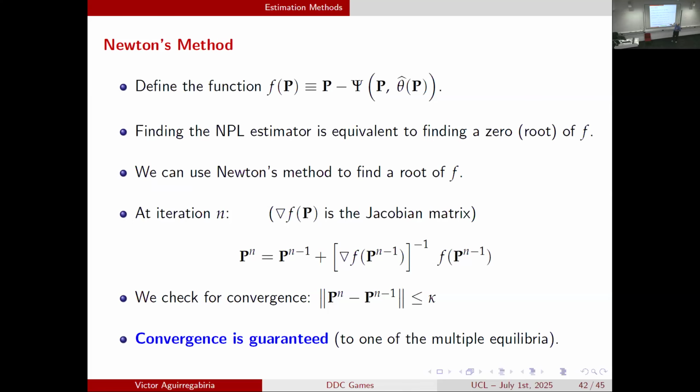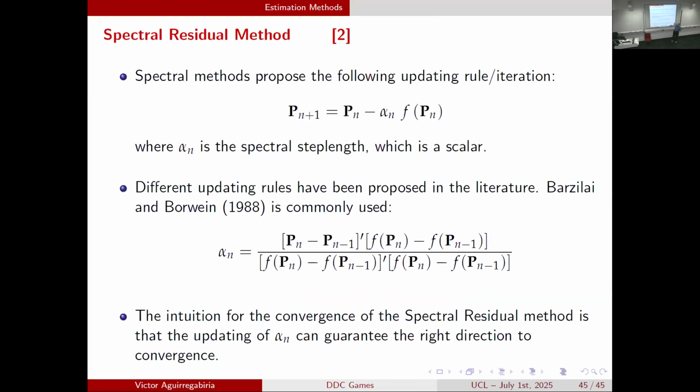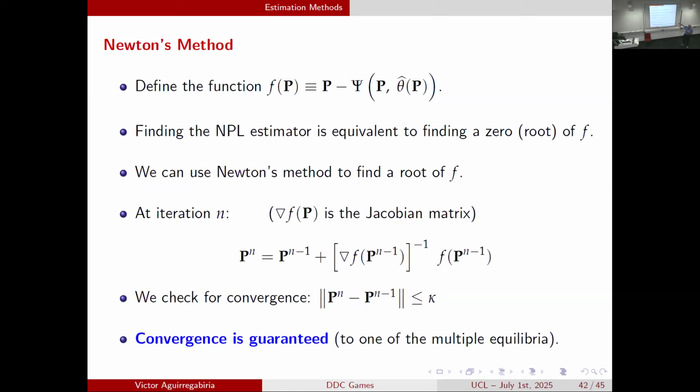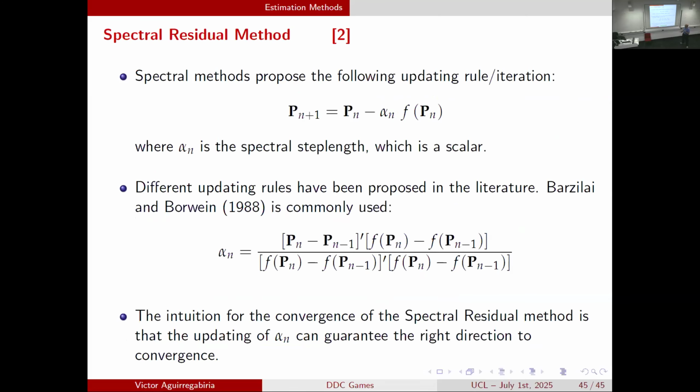If the conditions are satisfied for these alphas to converge to the spectral radius of this matrix, then the convergence properties of Newton iteration will be mimicked, and convergence will be guaranteed, okay?